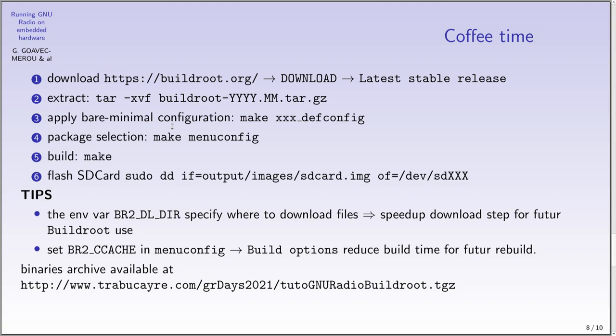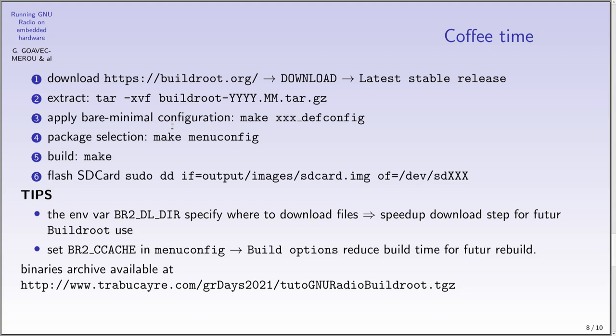and to gain a bit of time by not downloading the archives again, use BR2_DL_DIR to specify a path somewhere where everything will be downloaded, instead of the dl directory in the Buildroot directory. It's a good option.